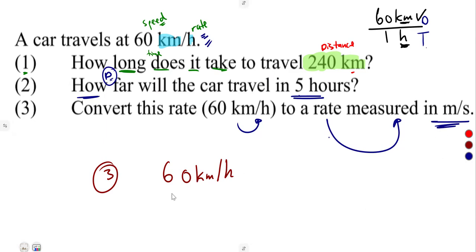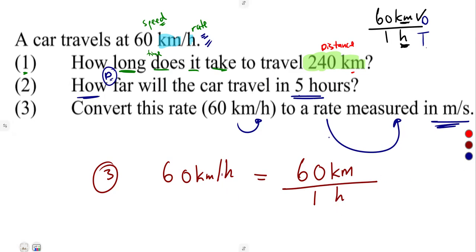All right, let's start by knowing what this represents first. 60 kilometers per hour means 60 kilometers over 1 hour. Per hour means it's 1 hour there.